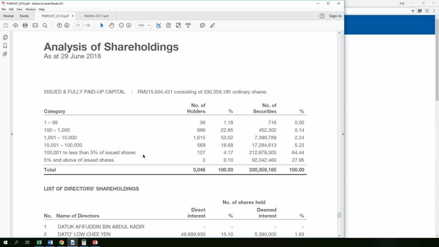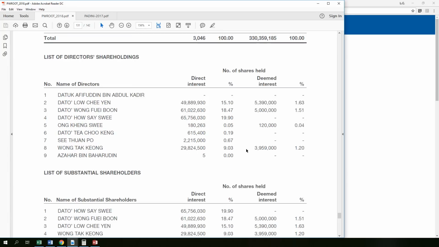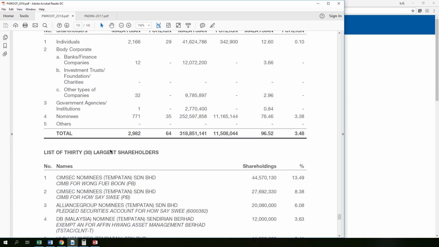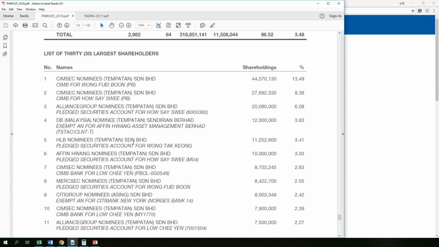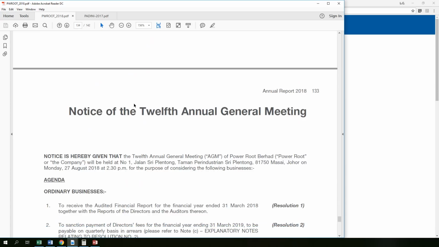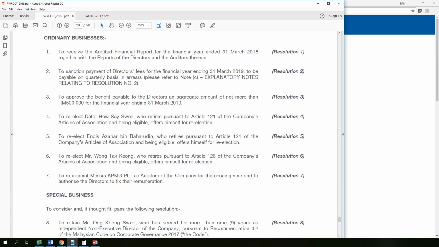List of properties, we skip. Analysis of shareholdings. Okay, obviously these three guys are the major shareholders. Nothing much. There are some local funds. Okay, we skip this. AGM, the ordinary businesses.